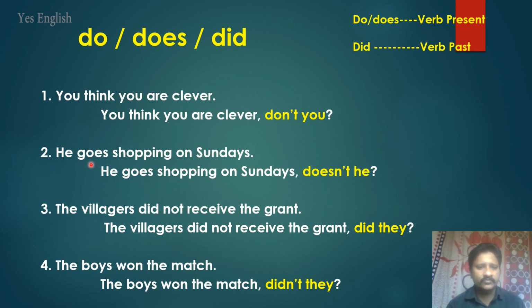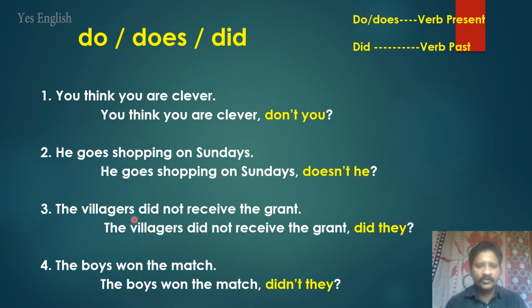But when it comes to this verb, instead of go, it is goes. Because of that, we use does, and does has to be changed into does not, and we use the contraction doesn't as the sentence is a positive sentence. So, doesn't he?